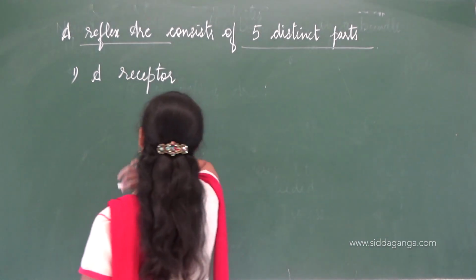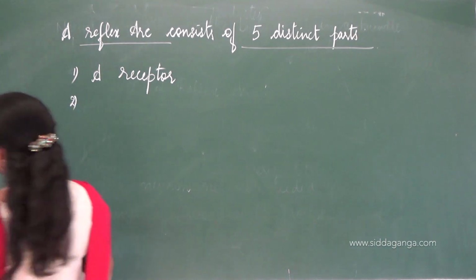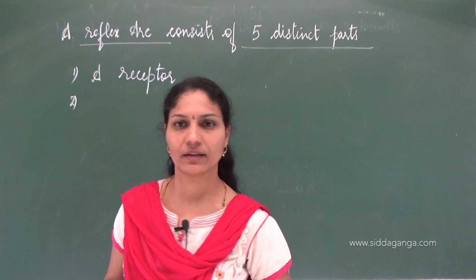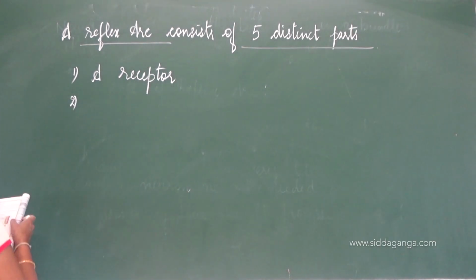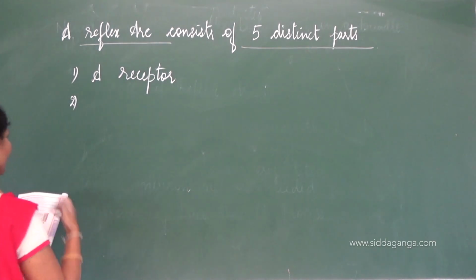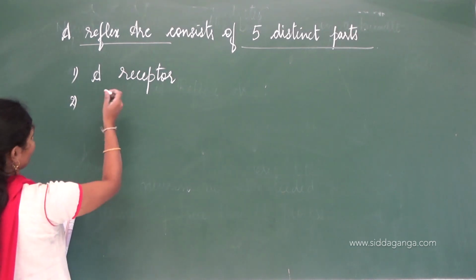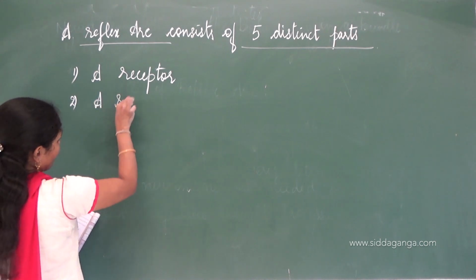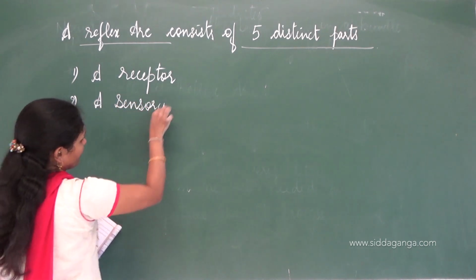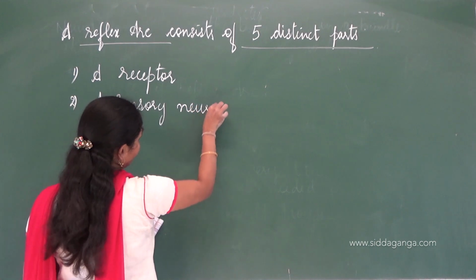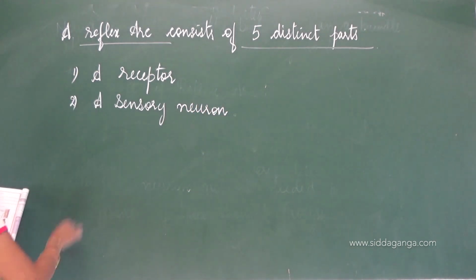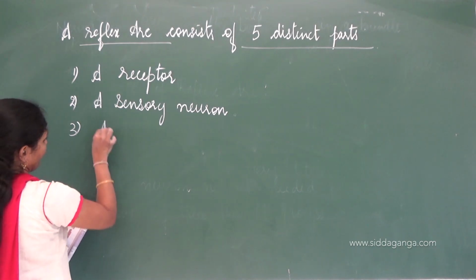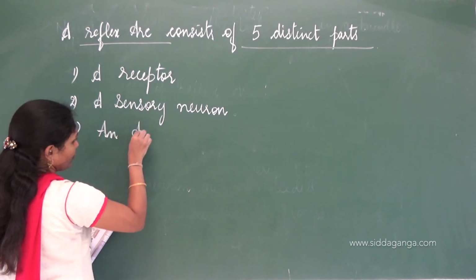So it has a receptor, and what should happen as and when the stimulus is received? It should travel, right? The impulse must be conducted, and it has a sensory neuron that conducts the stimulus, and also an association neuron.